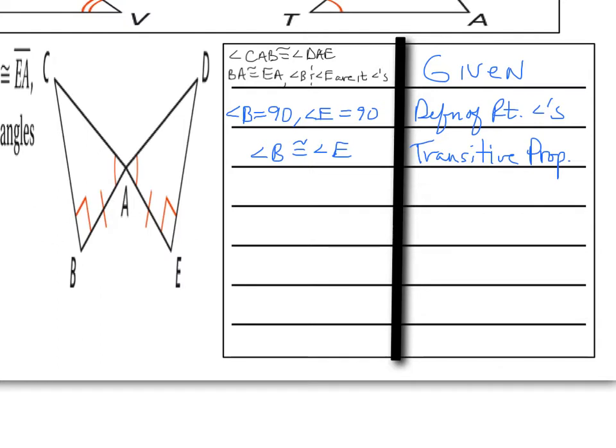I can now say that triangle ABC is congruent to triangle AED by the angle-side-angle postulate. The reason I did this one all together for you is because it's a little bit different. We haven't had one that looks like this yet. But make sure you have this one filled out as you look at the proofs.